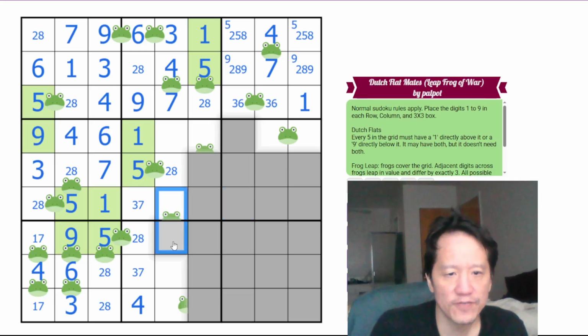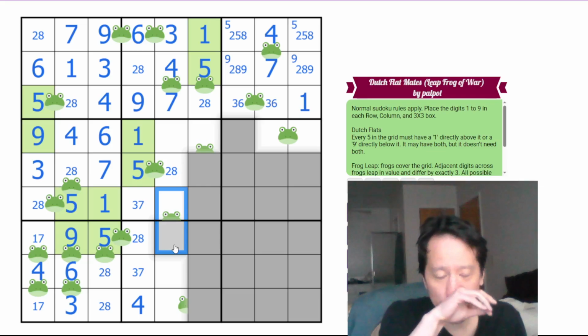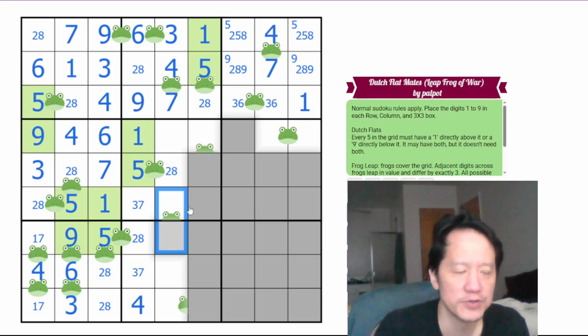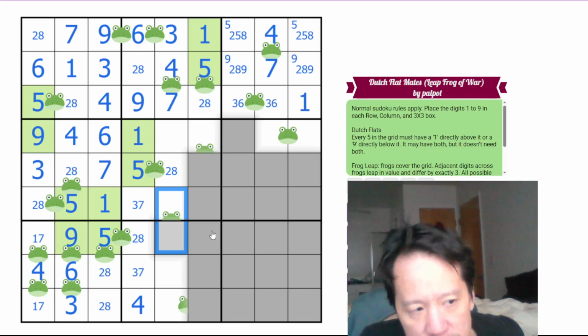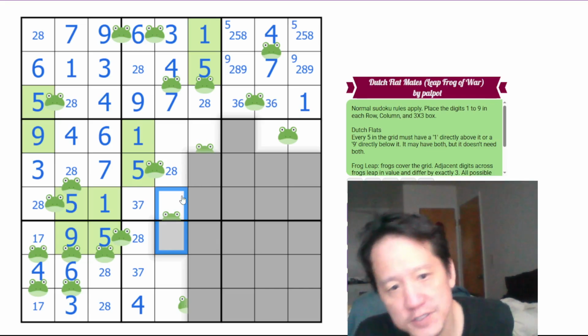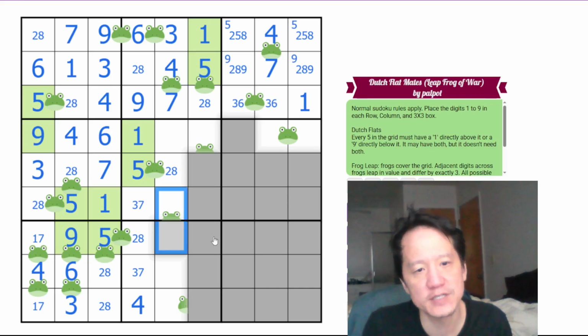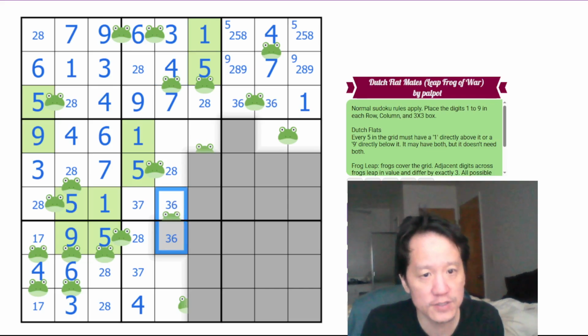This cannot have a 5 anywhere with it. So for 2 digits that are 3 away from each other, you need either a 4, a 5, or a 6 in one of them. This can't be 5, it can't be 4, this must have a 6 then. So this is 6 and 3 or 6 and 9, but this can't be 9.